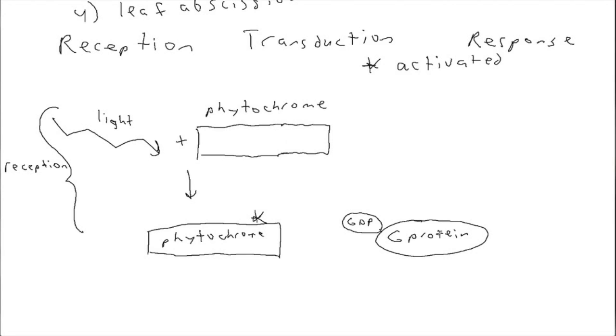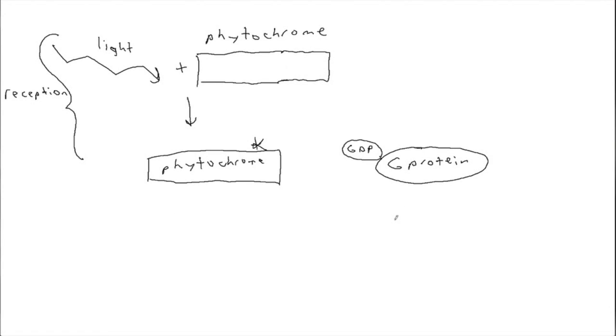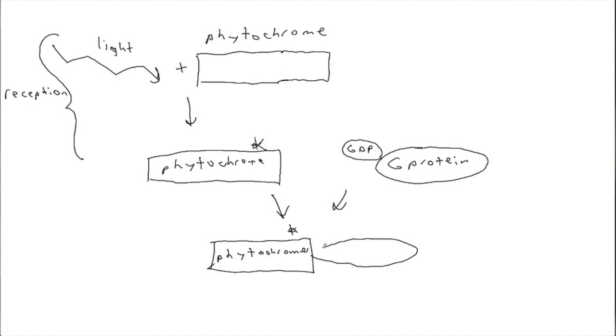Why is it called a G protein? The G refers to the GDP. It's called a G protein because it's bound to GDP. So the phytochrome now is going to attach to the G protein.